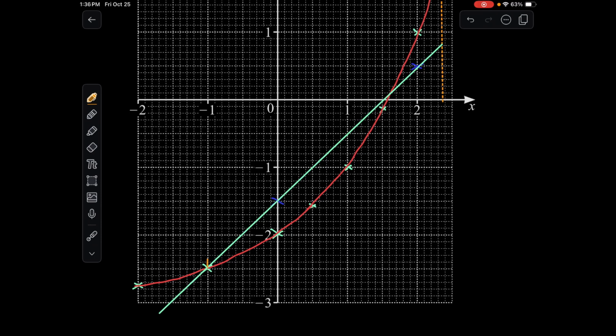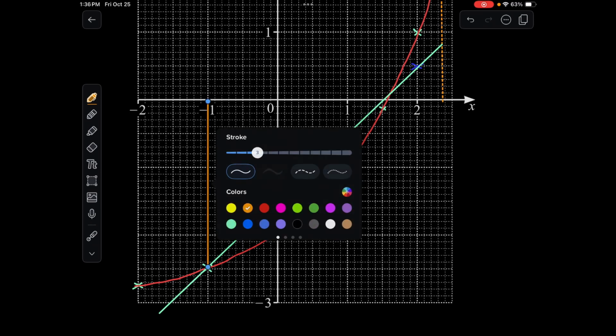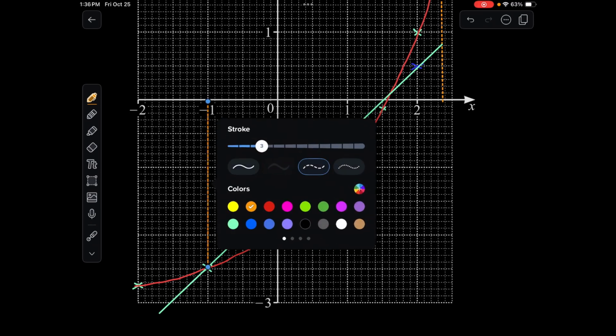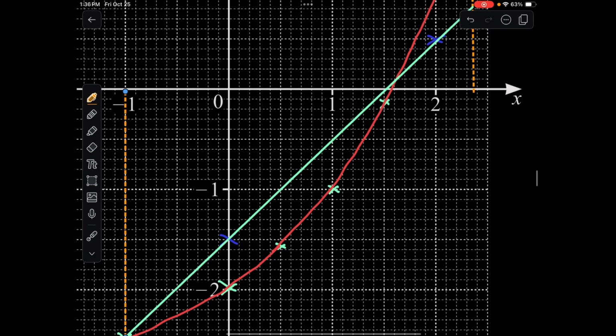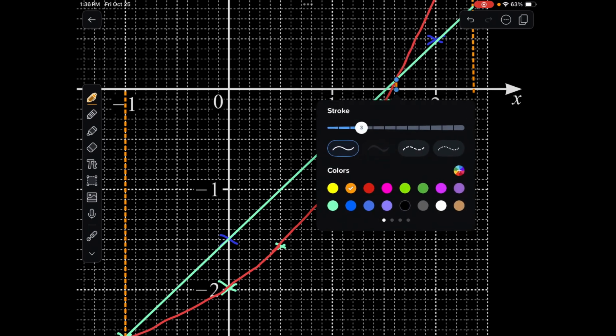So one of them is straight at -1 over here. Let's put it as a dotted line. And the second one is, so first value of x is -1, and the second one, I'm just magnifying a little bit. The second one is at 1.6, I believe.